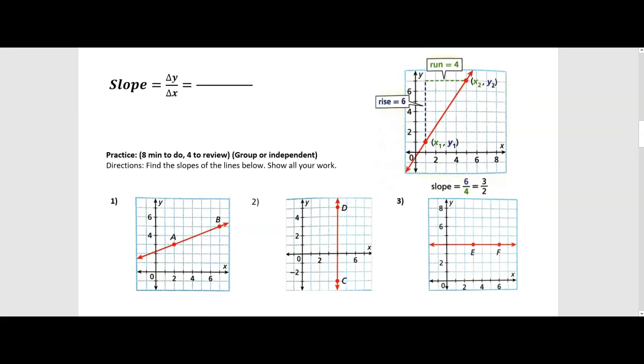So we just talked about this. Slope is equal to change in y over change in x, which is equal to y2 minus y1 all over x2 minus x1. Now, they do show rise and run in this diagram. And while rise and run is commonly taught, I don't think it's the best way to talk about what slope means.